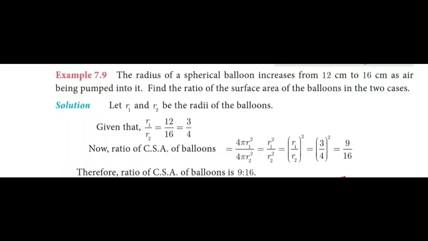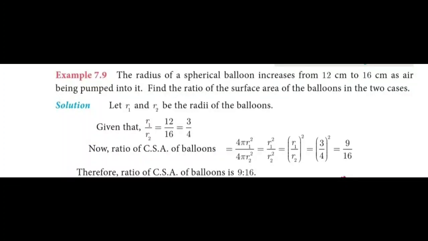Given that R1 divided by R2 is equal to 12 divided by 16, 3 4s are 12, 4 4s are 16, hence R1 divided by R2 is equal to 3 divided by 4. For a balloon in the shape of a sphere, the surface area is 4πr² square units.